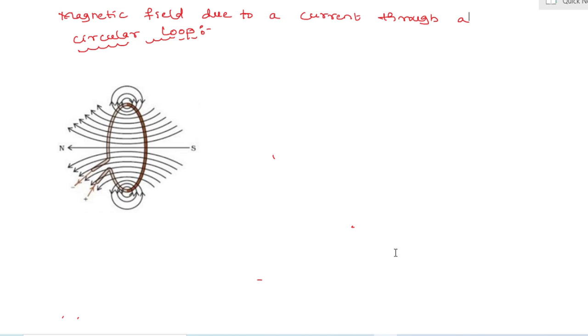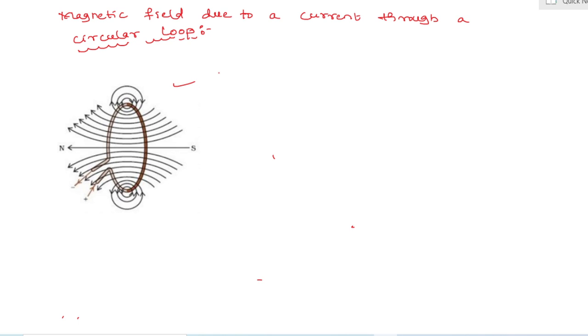Yes, my dear students, today let us see the magnetic field due to a current through a circular loop. The magnetic field lines due to a circular coil are shown in the given figure.